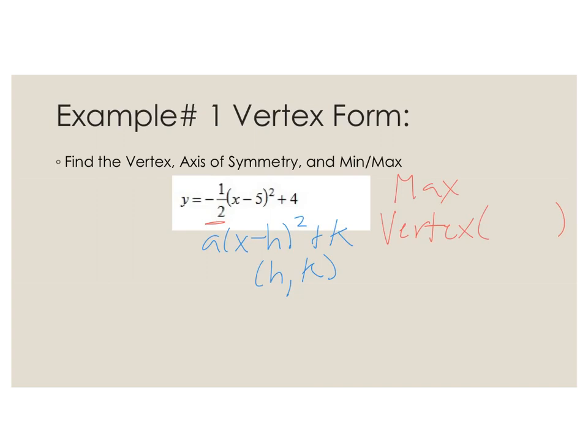But when you take the value of h, you're not taking the minus or the negative, it's just h. So our form is written as x minus 5, matching up with the x minus h. So we can take 5 as our h and 4 as our k. If you have the vertex, you also have the axis of symmetry. It's just the x value.